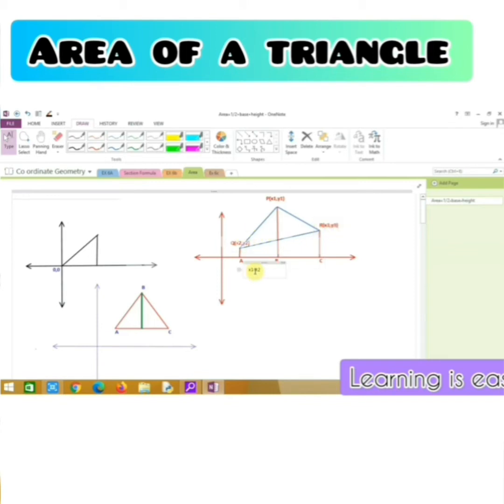Now we sum up two trapeziums and exclude QACR from that, and we get the area of the triangle PQR.